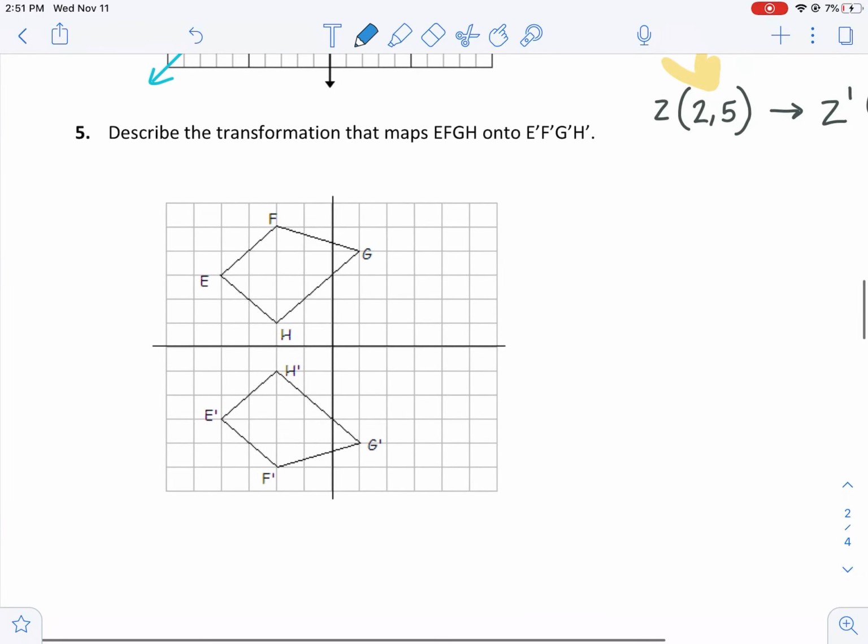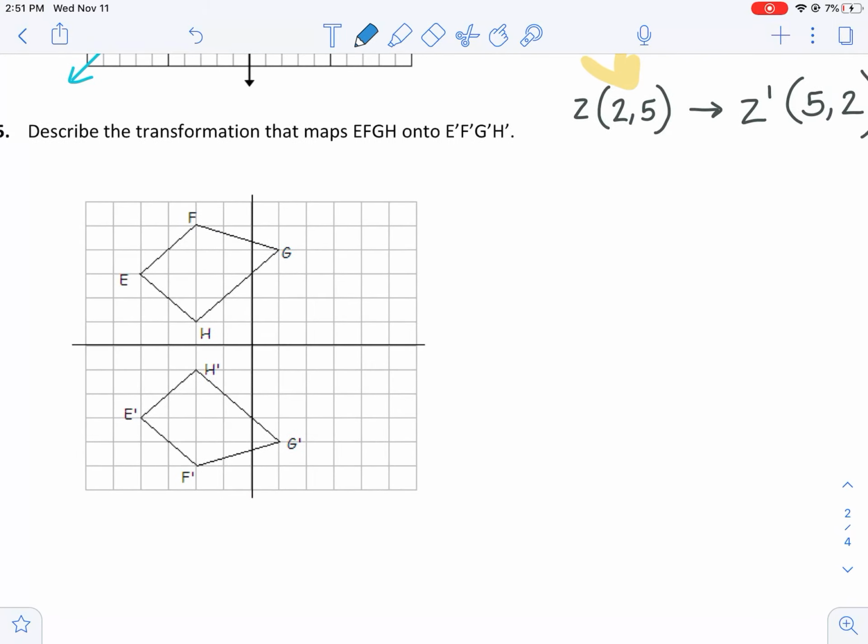So, let's look at this one. Describe the transformation that maps E, F, G, H onto E prime, F prime, G prime, H prime. Here we have to find our line of reflection.